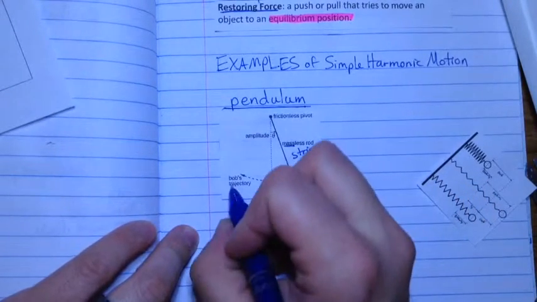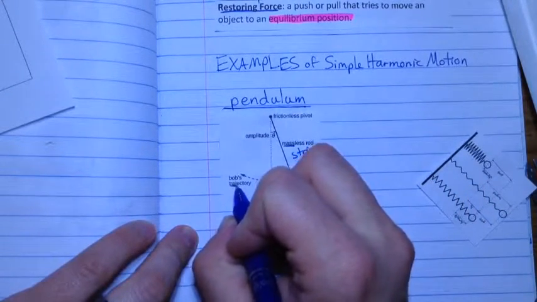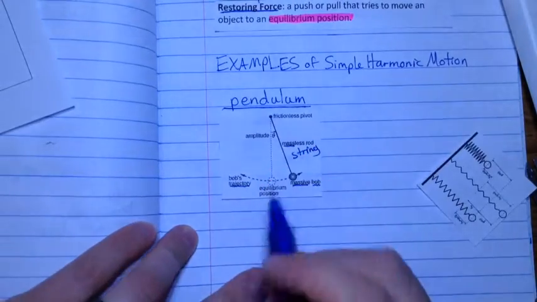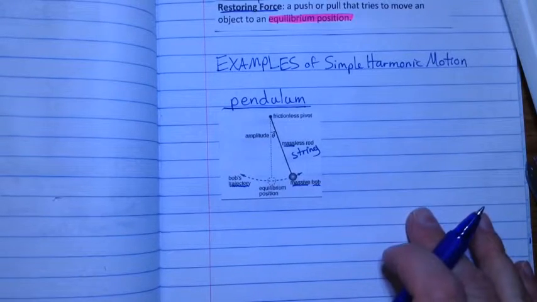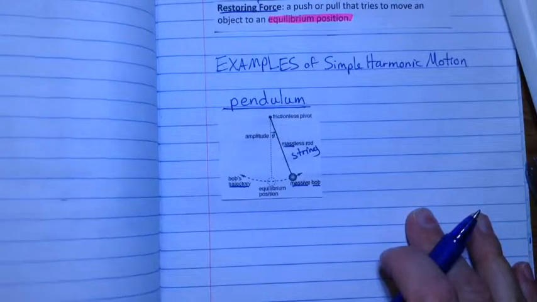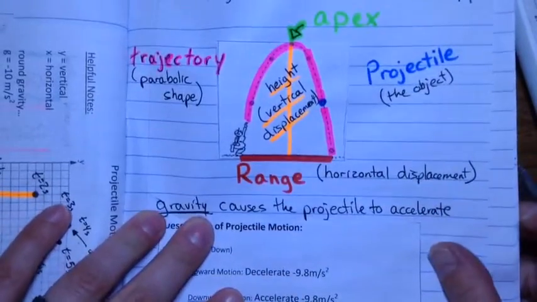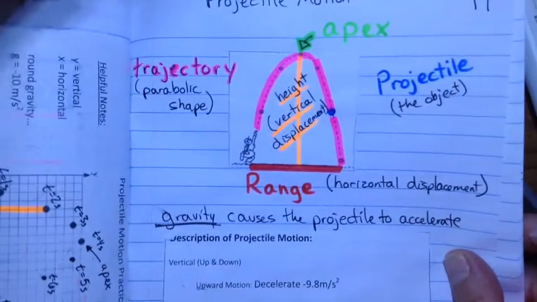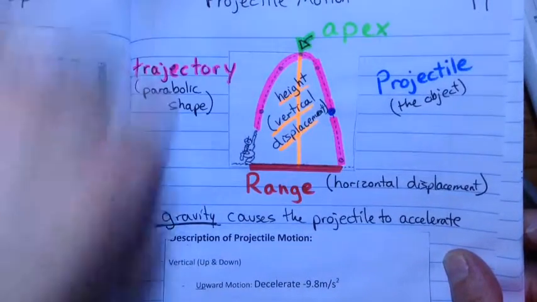And then we have here the bob's trajectory. We've used the word trajectory before in class. Do you remember where? Yes, from projectile motion. If you turn quickly to page 19, projectile motion. What is the trajectory?